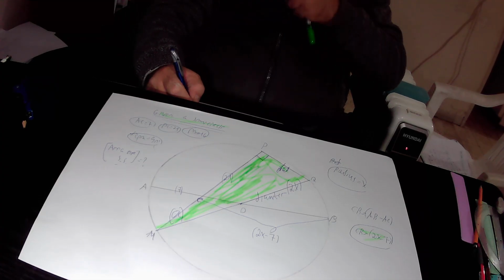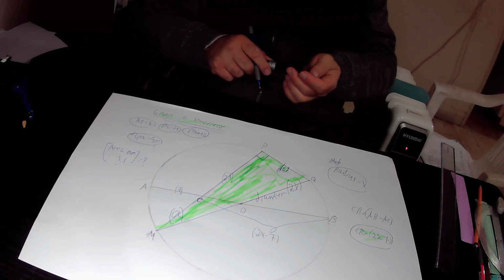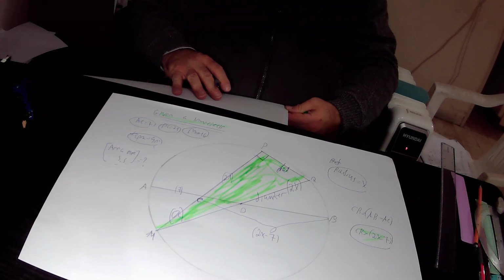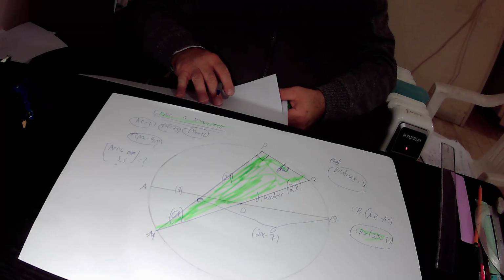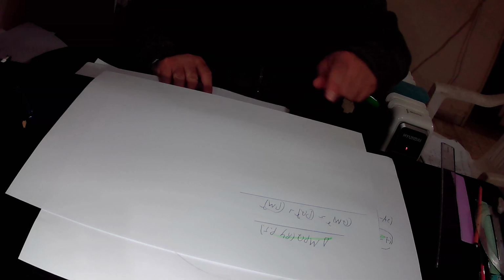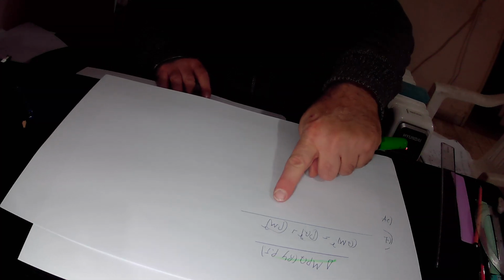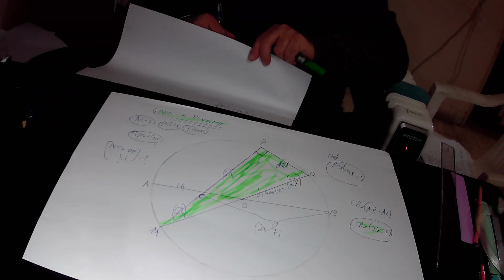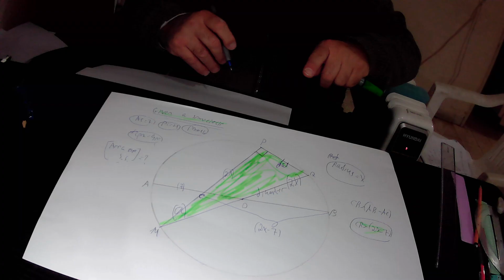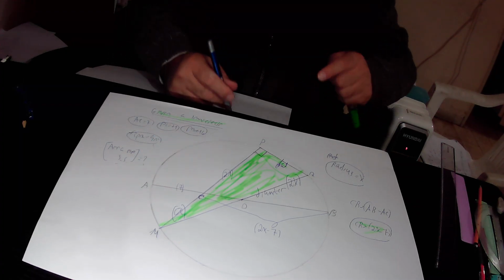And again, in MPQ according to the Pythagoras theorem, QM squared, that is the square of the hypotenuse, equals PQ squared plus PM squared. QM is 2x, therefore QM squared is 2x squared.